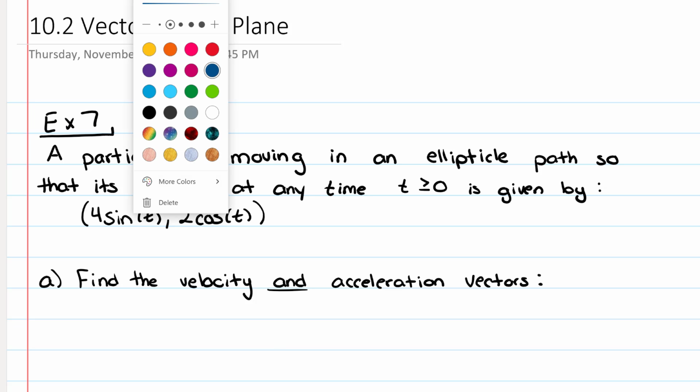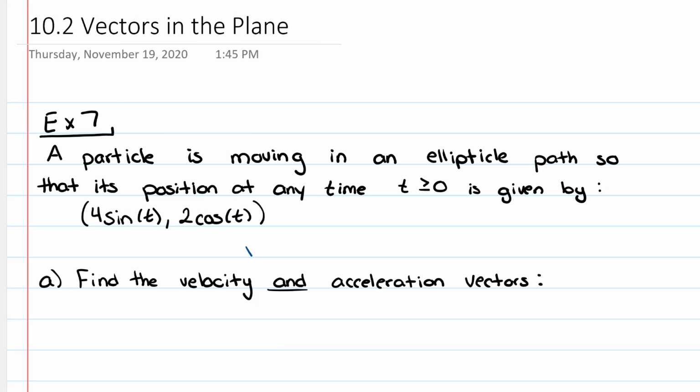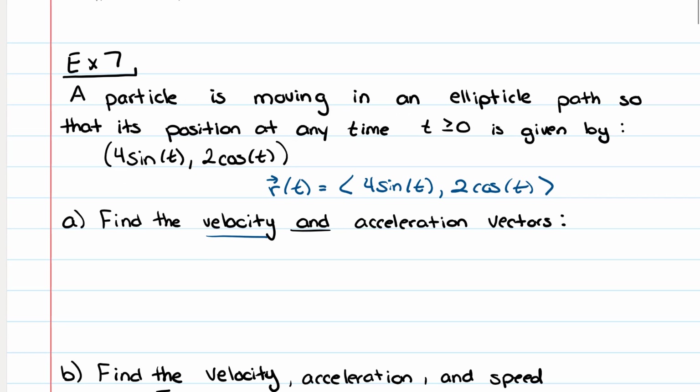So if we want to write that as a vector, it's going to be r of t is equal to 4 sine of t, comma 2 cosine of t. So the first thing I want to do is find the velocity and the acceleration vectors. So the velocity is just the derivative.